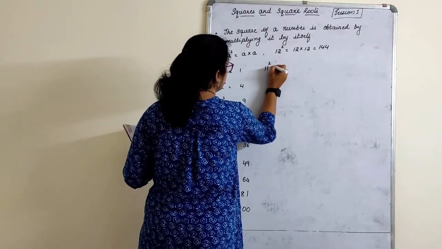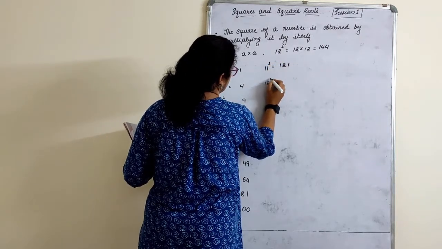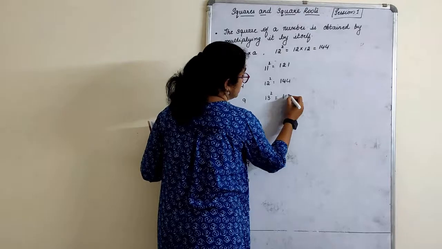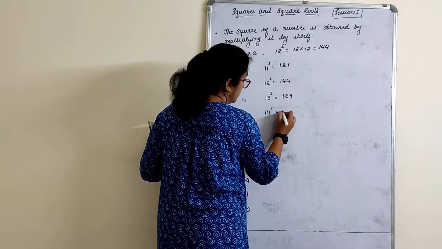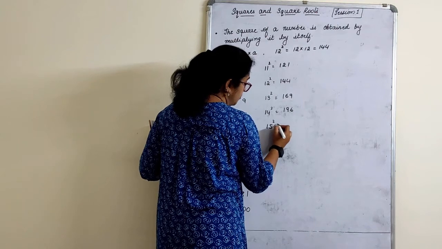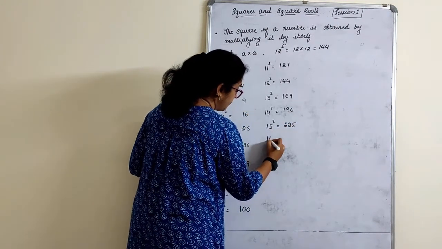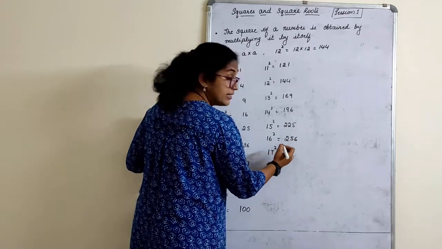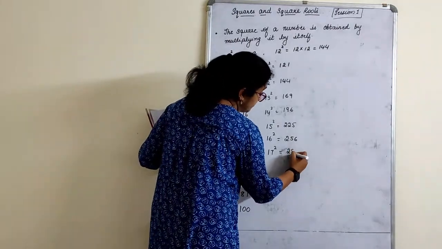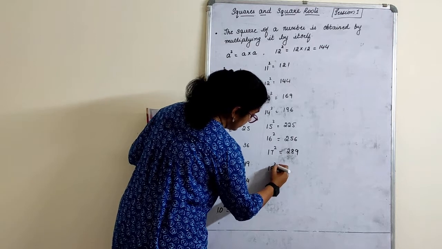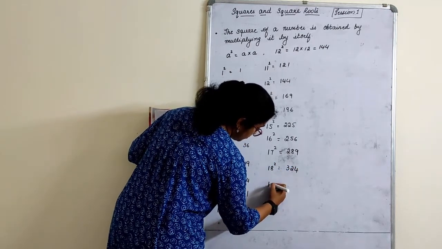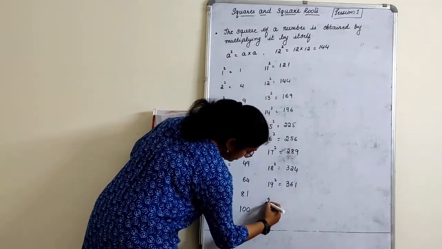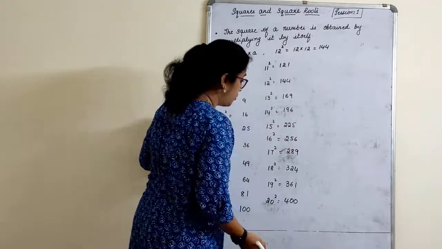And 11 square 121, 12 square 144, 13 square 169, 14 square 196, 15 square 225, 16 square 256, 17 square 289, 18 square 324, 19 square 361 and 20 square is 400.